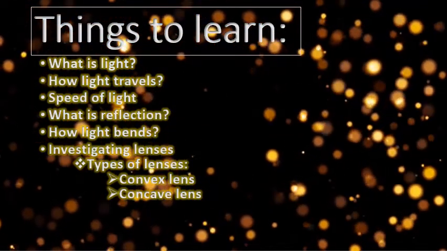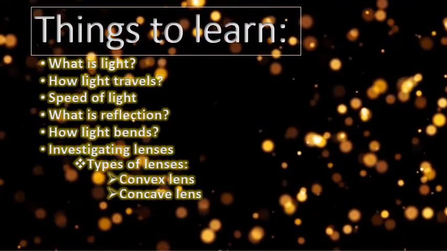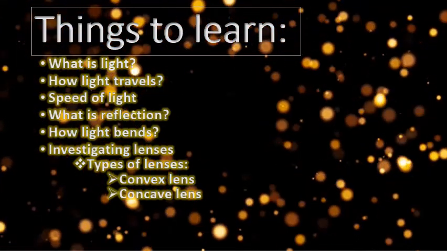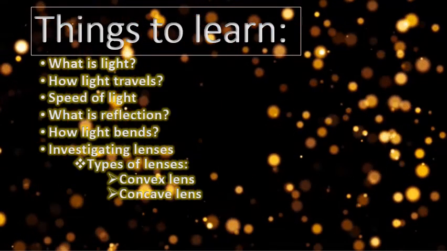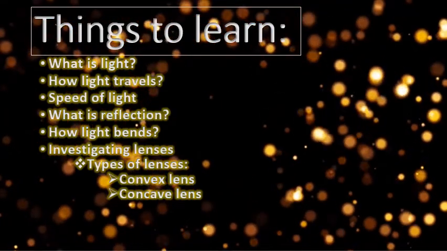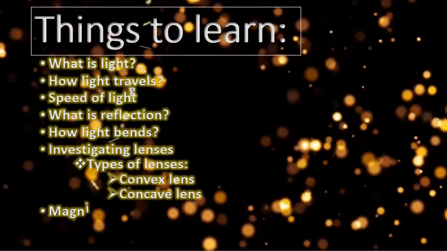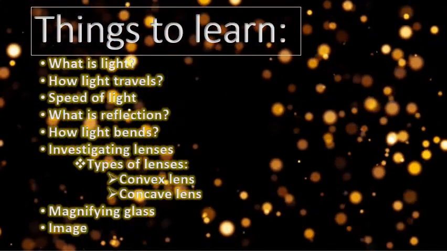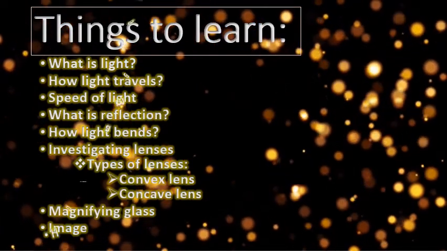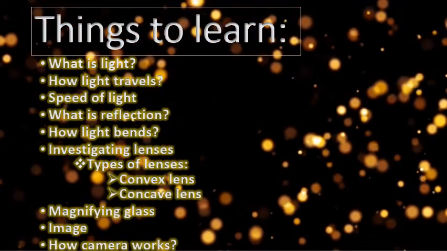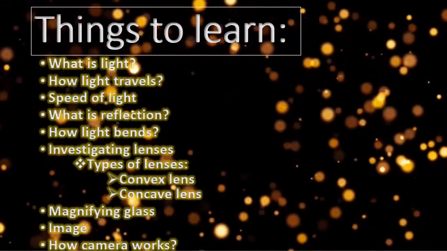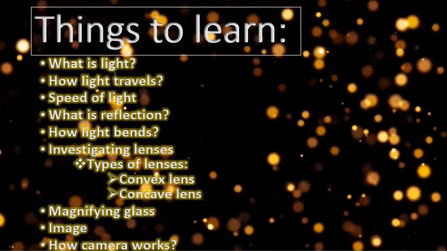We will see the different types of lenses. Basically, there are two types of lenses, the convex lens and the concave lens. Afterwards, we will learn about the magnifying glass, image, and in the last we will see how a camera works. So let's start today's lecture.